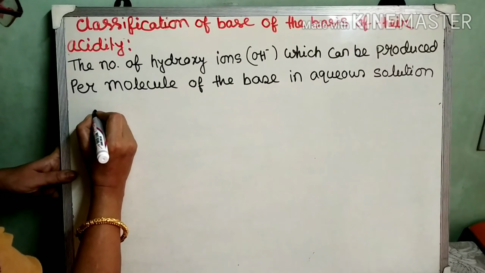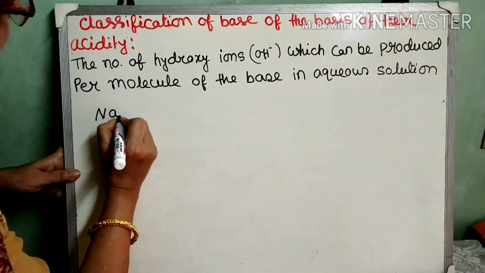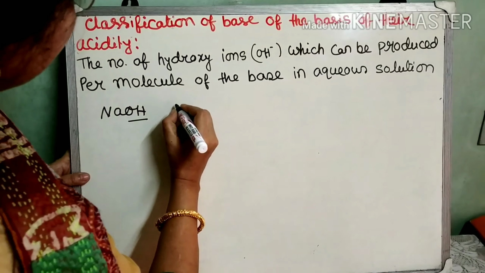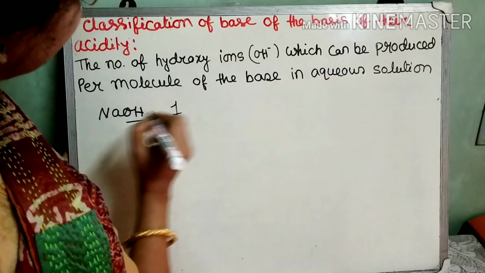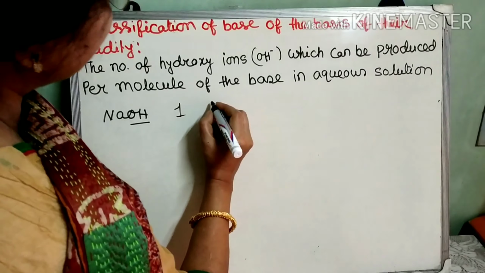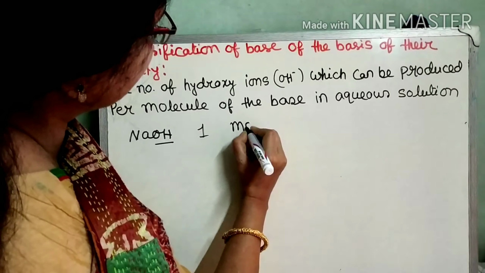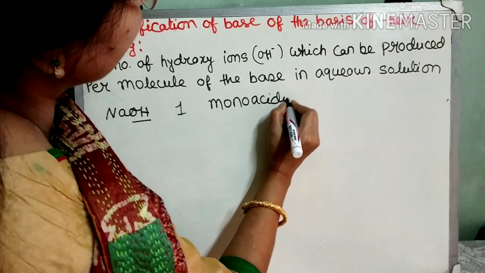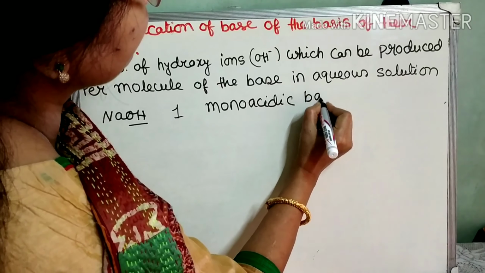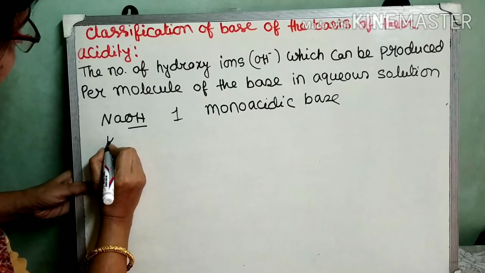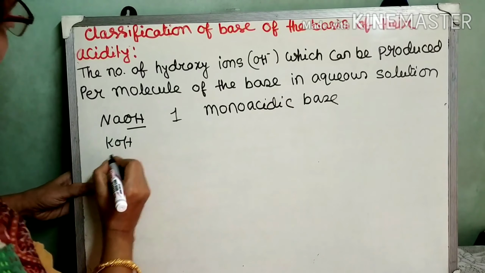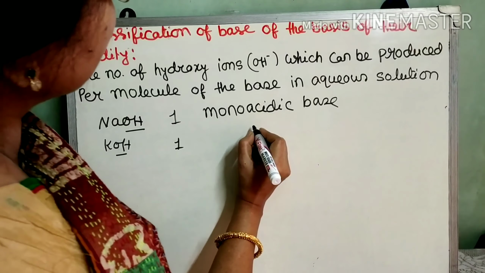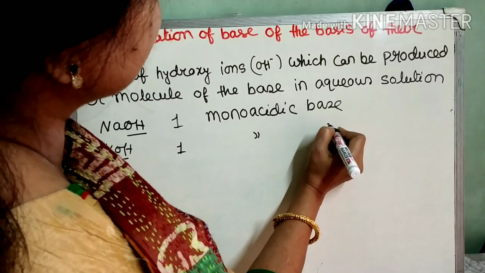See example, NaOH. Number of hydroxyl ions is 1. This means it is considered a monoacidic base. KOH, number of OH minus ions 1, so it is also a monoacidic base.